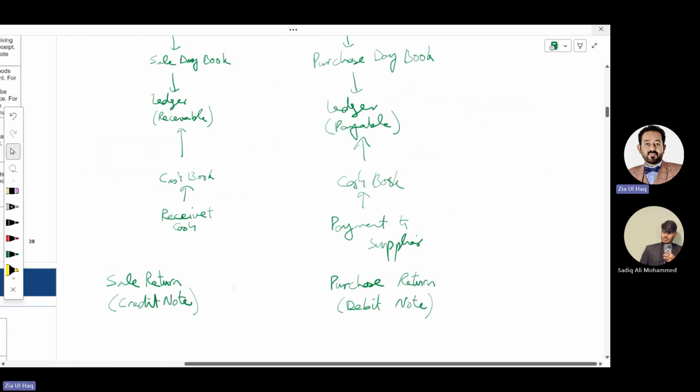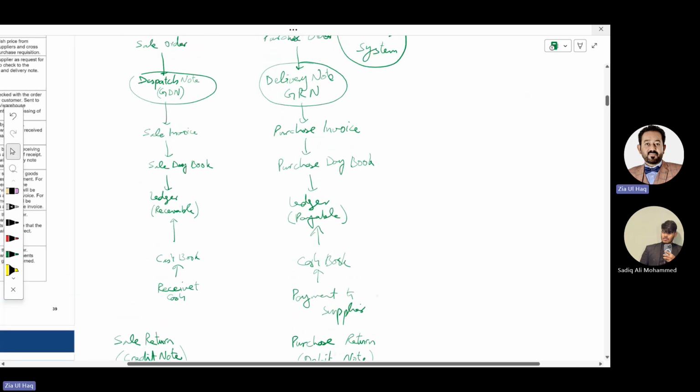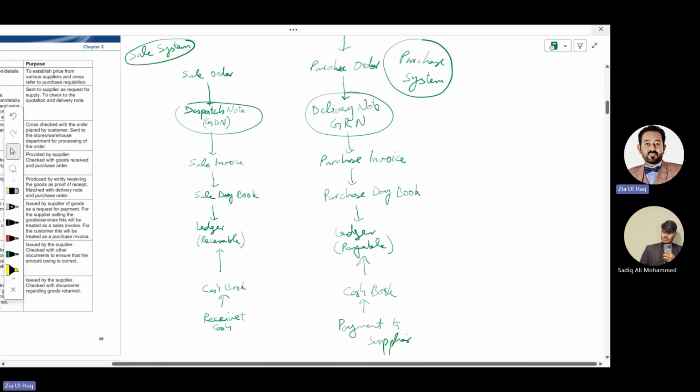Every month, our supplier sends us his statement. Either he sends the invoice, meaning the bill, or he sends the supplier statement. A supplier statement shows our balance owed to the supplier. Like at the start of the month, this was the balance due.